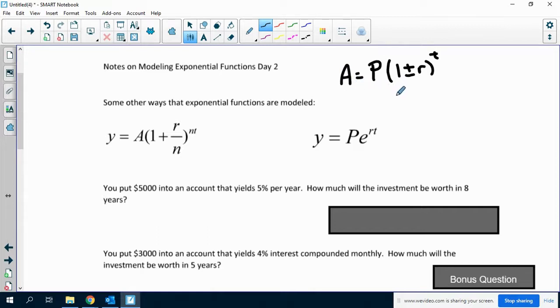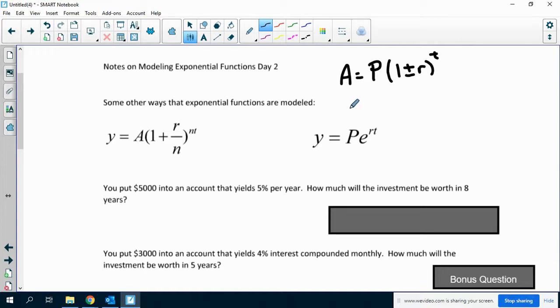Instead of compounding your money yearly, which is basically every year, they compound it based on how much money was in there at particular points in time.